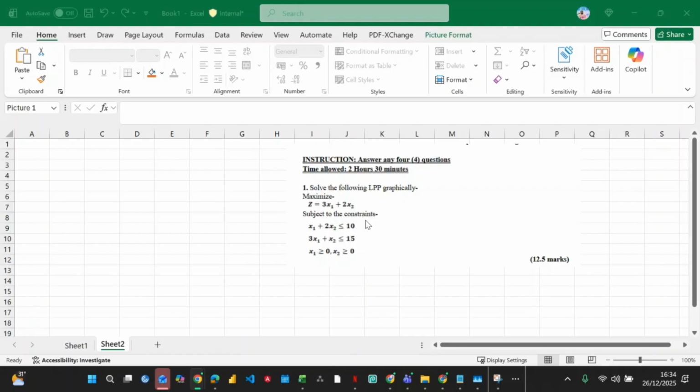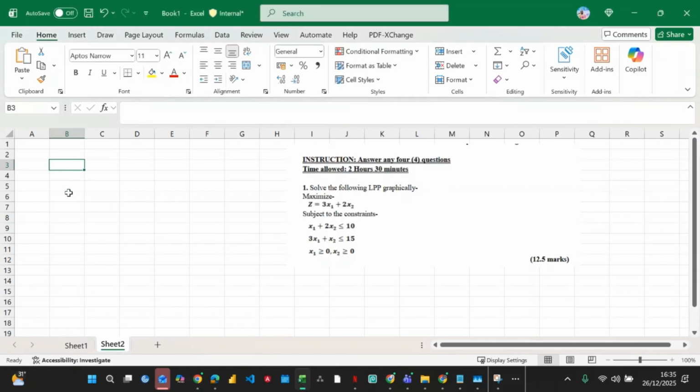So they said solve the linear programming graphically, and then we have the equations. Let's say we have two products, product A and B. That is what we have here.